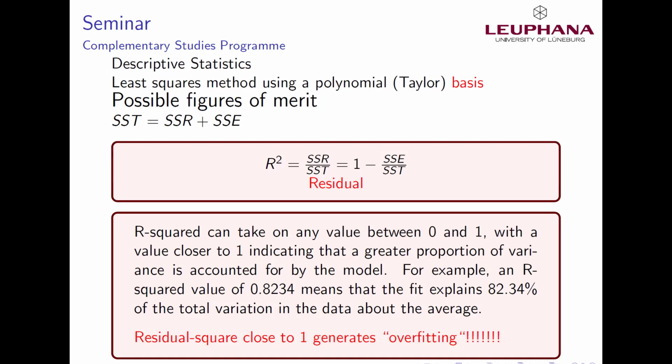We don't like it because, did you see the sentence at the end of the slide? If we have R close to 1, this R square is also called, in some books, residual square. Close to 1 means, let me see case 1, so it's clear what I intend, that we trust totally the data.